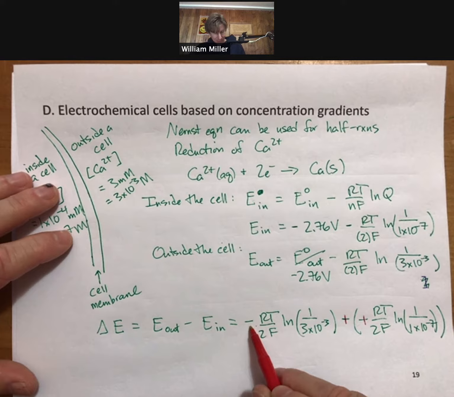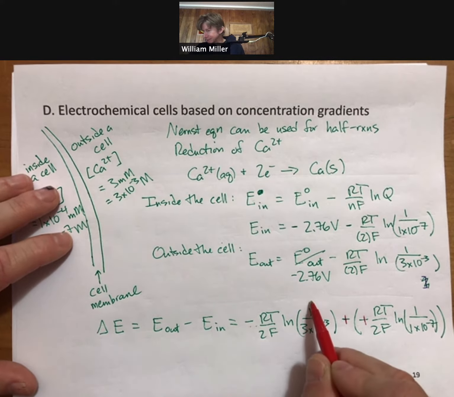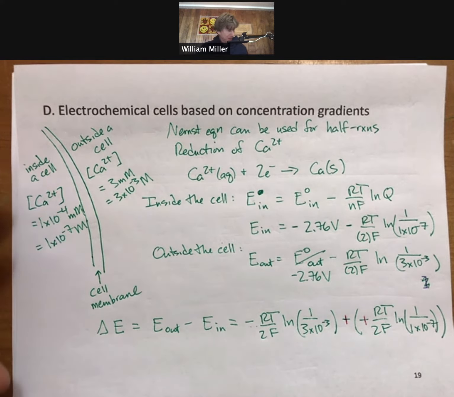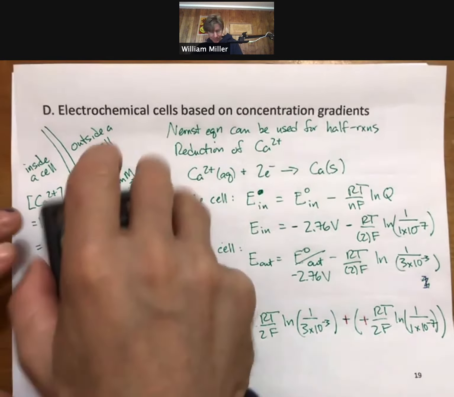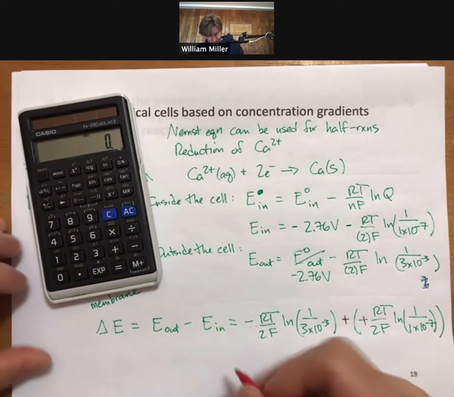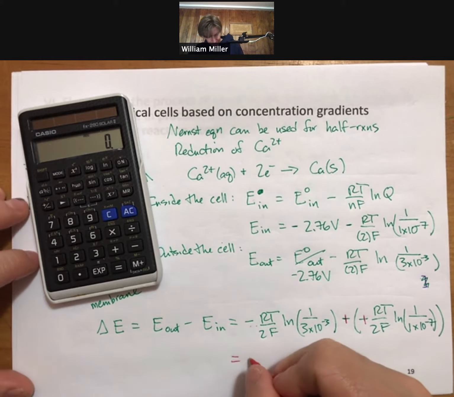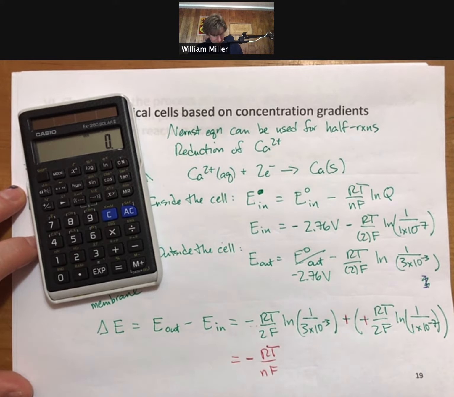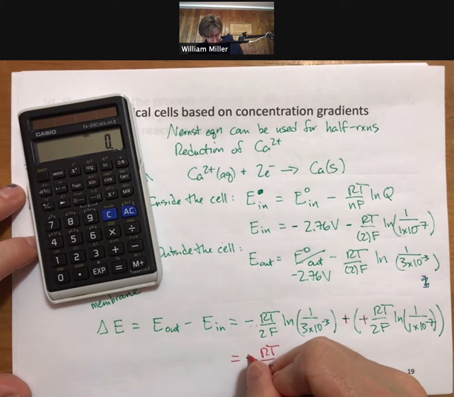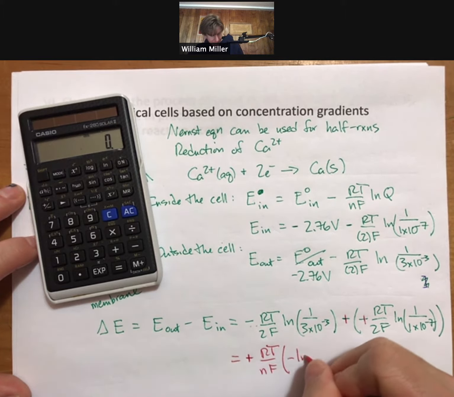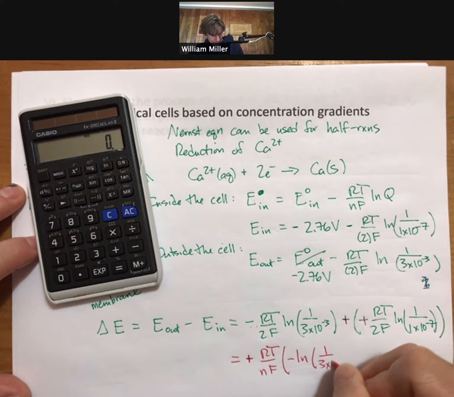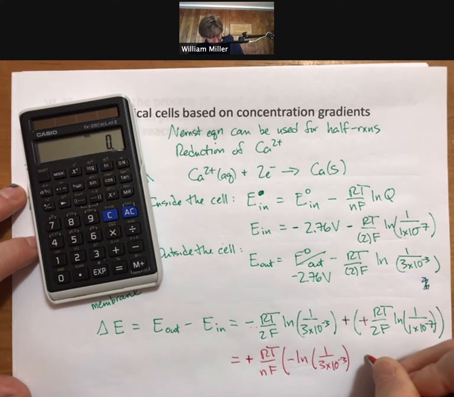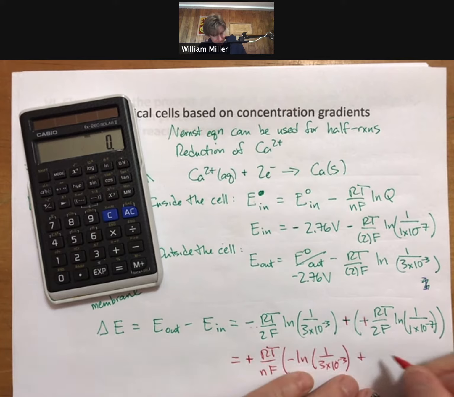So the subtraction is going to move this up to the top. Well, let's just go ahead and do the numbers here. Minus RT over nF, positive, plus.